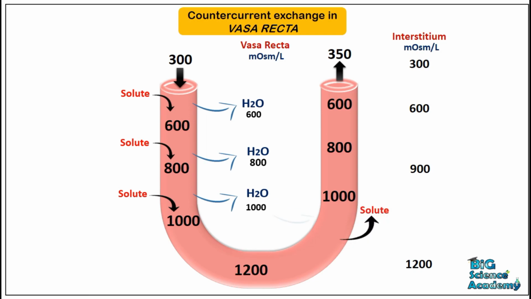In the ascending limb of the vasa recta, solutes diffuse back into the interstitial fluid and water diffuses back into the vasa recta, again making the blood concentration 350 osmoles per liter.